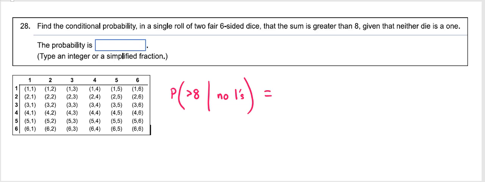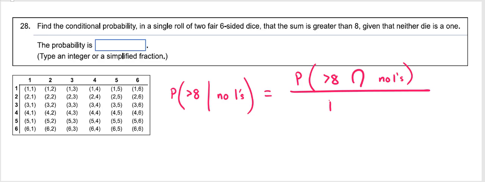Okay, that's going to be the probability that it's greater than 8 and there's no 1s over the probability of no 1s.